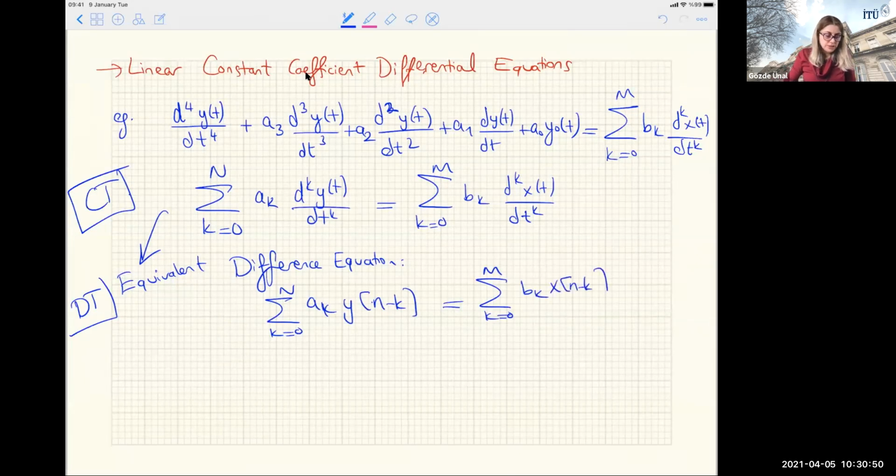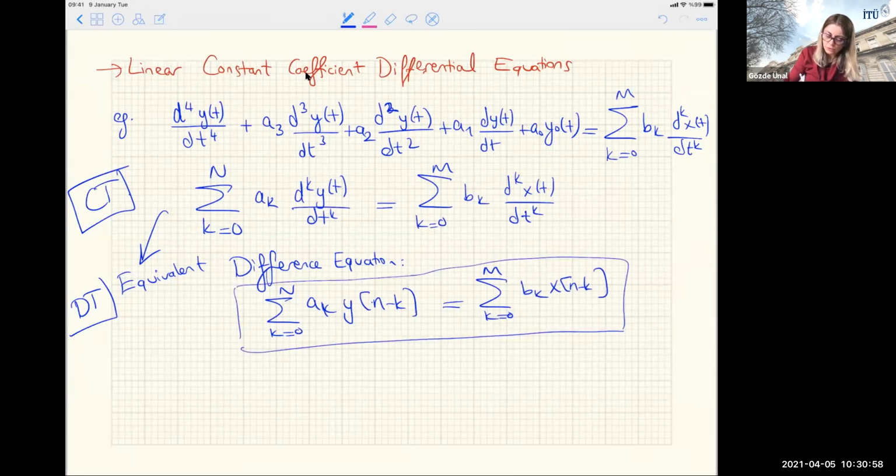This is the general class of difference equations. This is also linear constant coefficient difference equations in a way. This is the most general form of it.